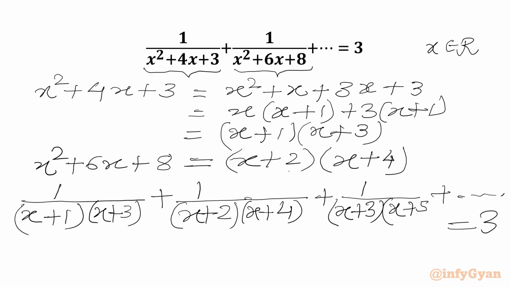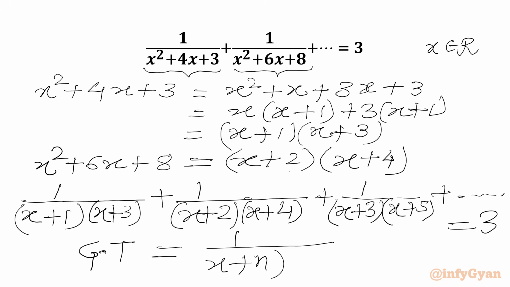Now we will write our general term. If I write here our general term, then we can easily write 1 over x plus n times x plus n plus 2. Now using partial fractions, we can convert this product into sum form.